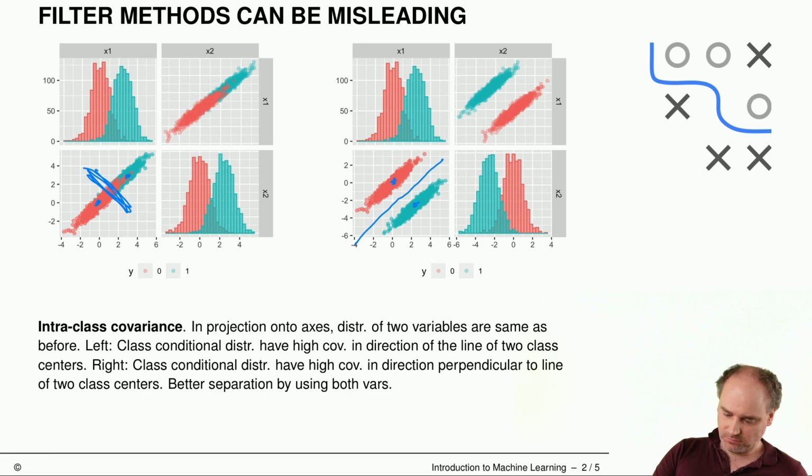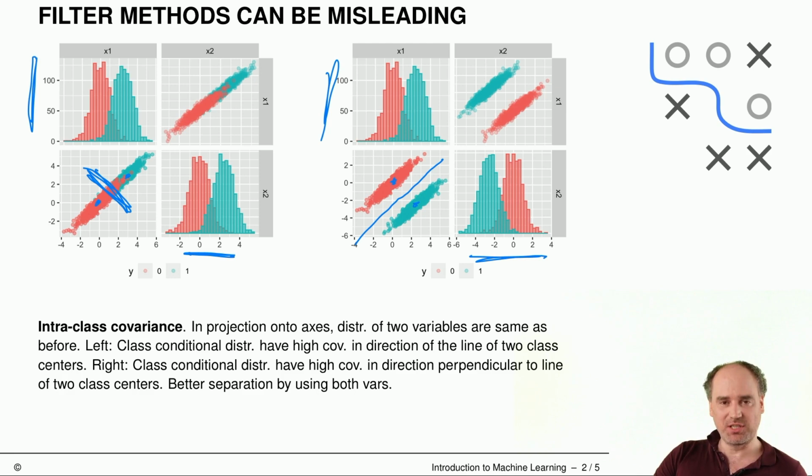Now, if we look at the marginal distributions of x1 and x2 and then compute the filter values, are we going to see that? Not really, right? Because you can see here how the conditional distributions look for the first case, and here how they look for the second case, and they actually look pretty similar.